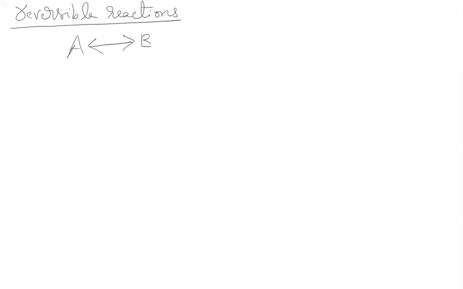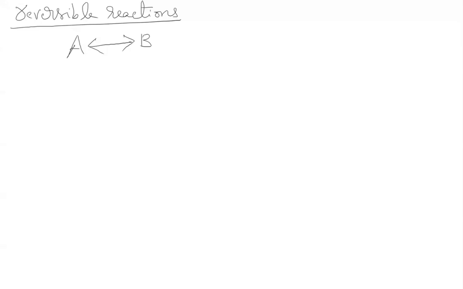So we'll have another small topic in CRE1, which is reversible reactions. How do you handle reversible reactions? This is not a very complicated topic, a very small topic. What is meant by reversible reactions is A gives reversible B. Basically, all reactions are reversible.